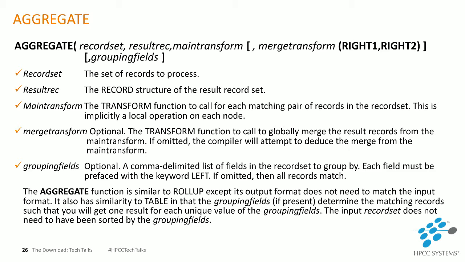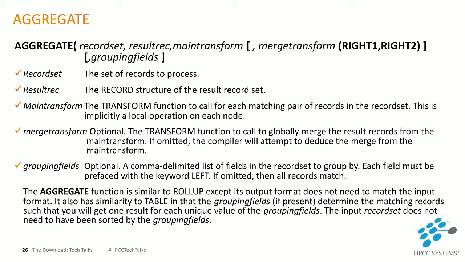And those of you that have been in training with me know the purpose of a table is twofold. Number one, a table can be used as a vertical slice of a larger data set, and you can also use a table to expand a data set record structure if you need to do that. And the second purpose of a table is a crosstab report. So aggregate gives us some crosstab functionality by the last parameter shown here called grouping fields.